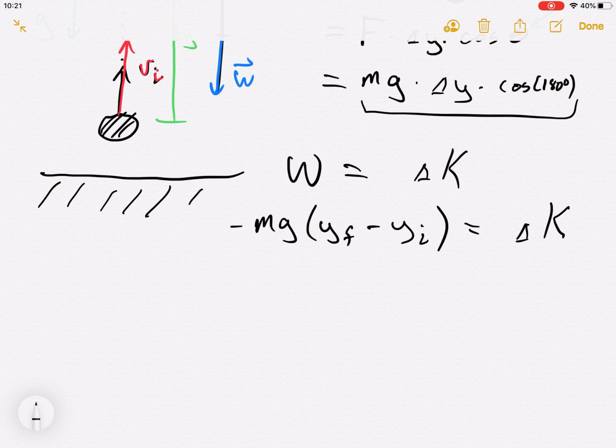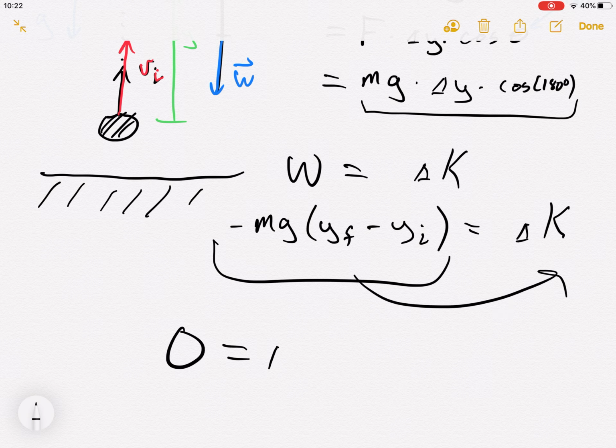I could move that whole thing to the other side of the equation. What if I add this term over here? That gives me 0 equals delta K plus mg y final minus mg y initial.